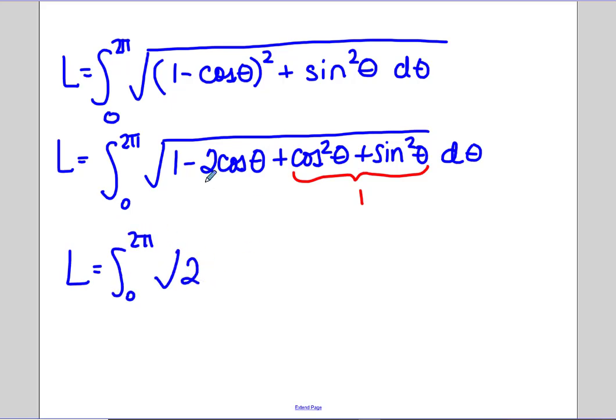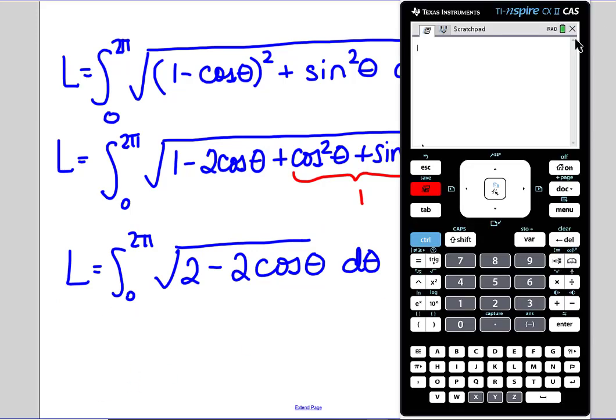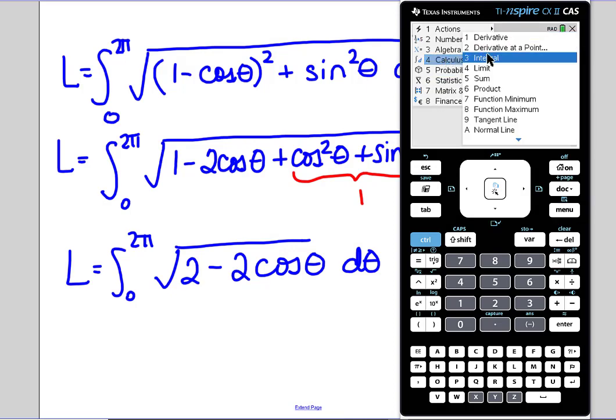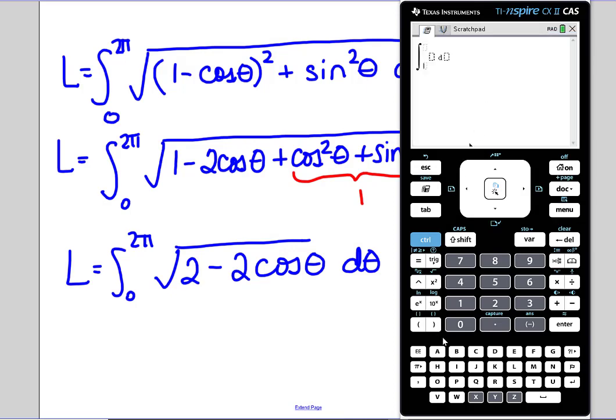So we've got 1 and 1 is 2, minus 2 cosine theta d theta.